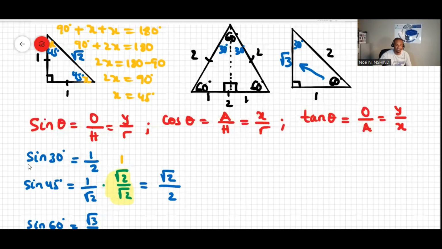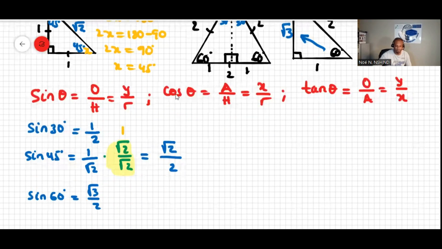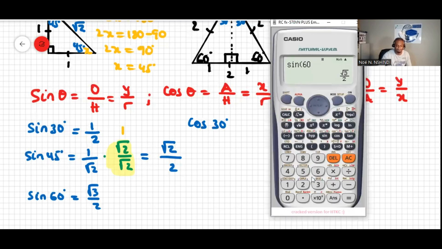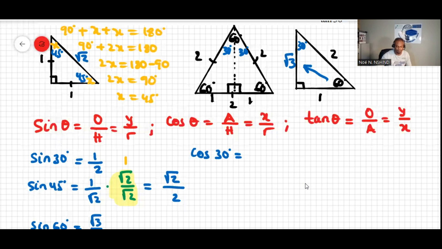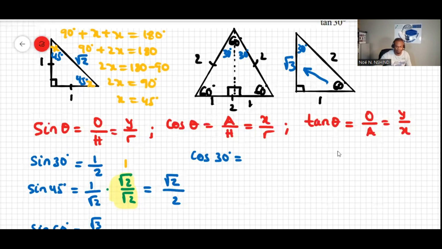The same will be applied for cos theta, tan theta. I will leave this for you to practice. So you'll find out that cos of 30 degrees, or maybe we can just check it now. Cos of 30 degrees, 30 degrees is there.